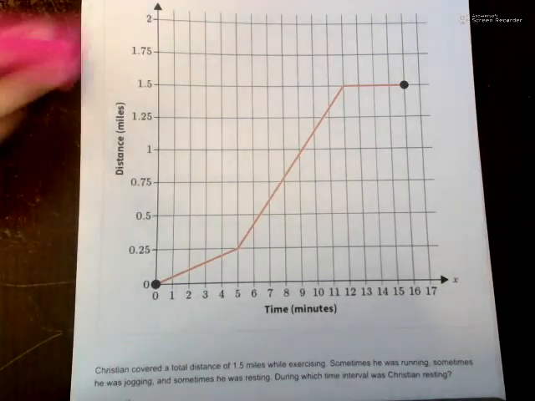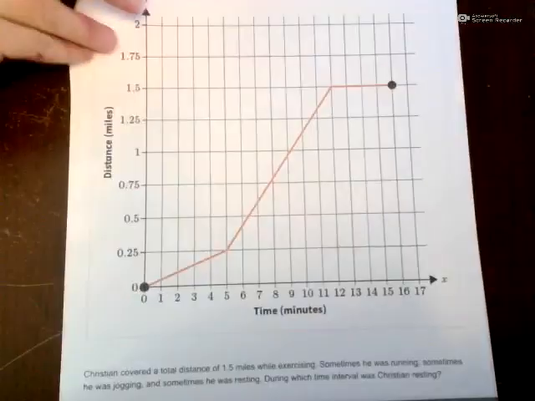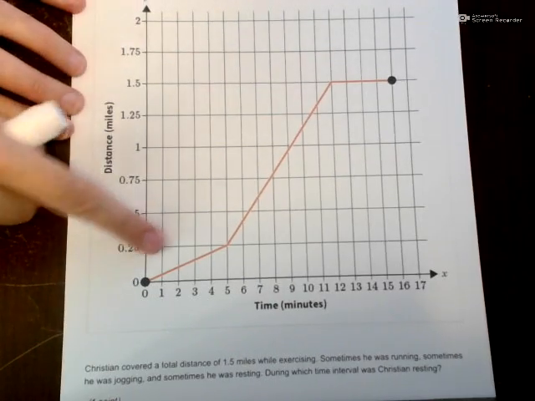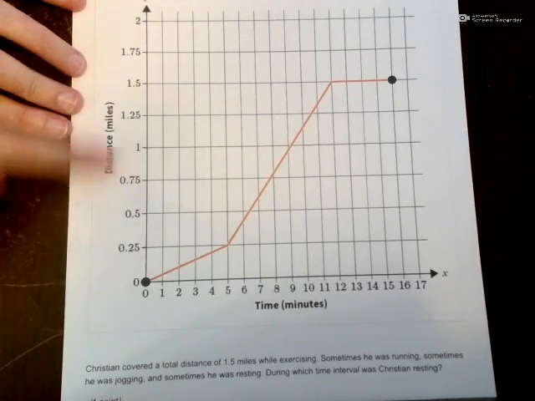This is number 4, I think. Yes, number 4 on the practice. Looking at this graph, it says Christian covered a total distance of 1.5 miles while exercising. Sometimes he was running, sometimes he was jogging, and sometimes he was resting. During which time interval was Christian resting? So here he was jogging because this is distance.